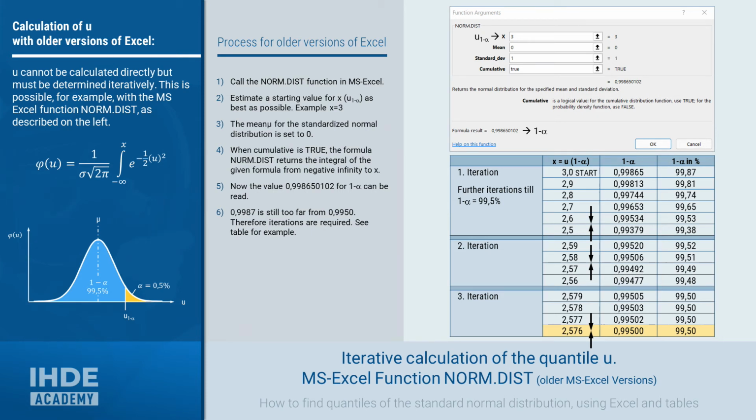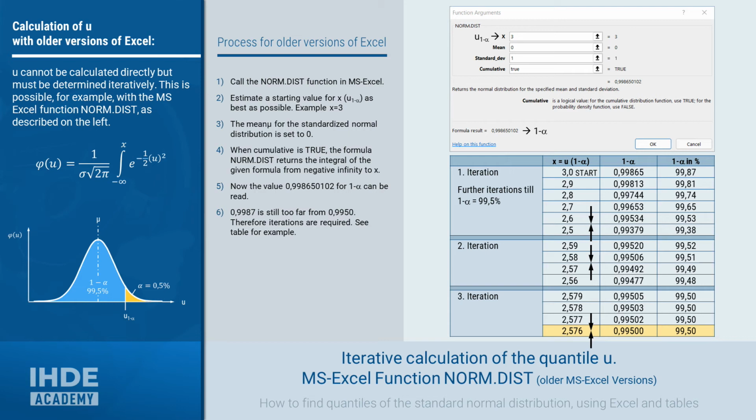For the first iteration, create a table. The first column for x with values from 3 to 2.5 in increments of 0.1. In the column next to it, for 1 minus alpha, the result of the calculation just discussed is given. Now you look between which values the probability of 99.5% is to be found.